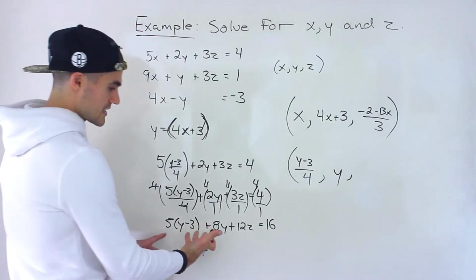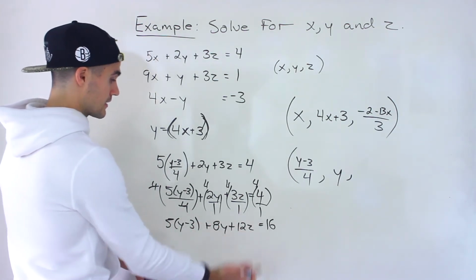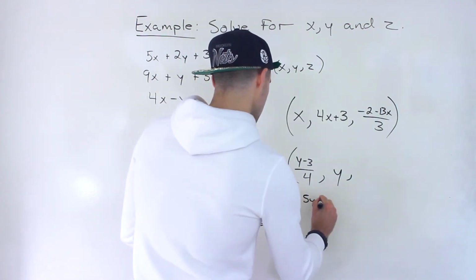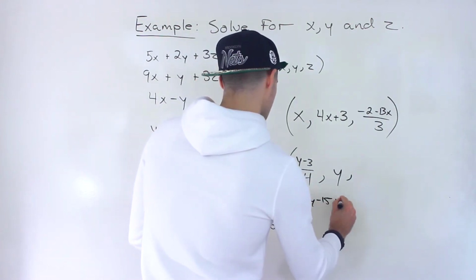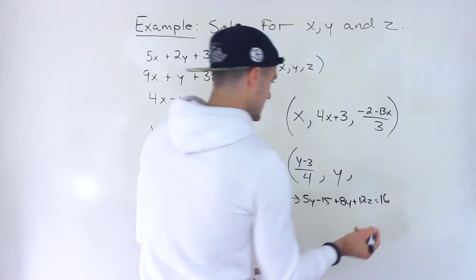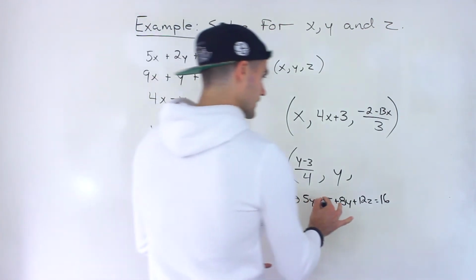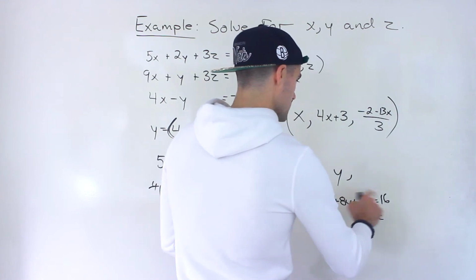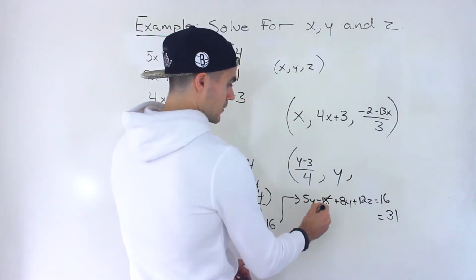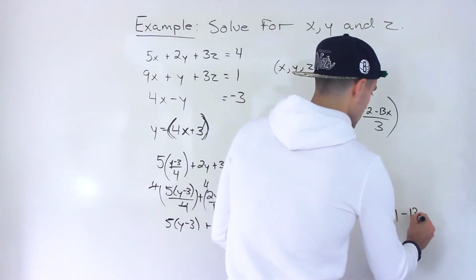Now we have an equation just in terms of y and z, and we can isolate for z. Expand that bracket: 5y minus 15 plus 8y plus 12z is equal to 16. Bring the negative 15 over, so 16 plus 15 gives us 31. Then 5y plus 8y is 13y; bring that over, so minus 13y.